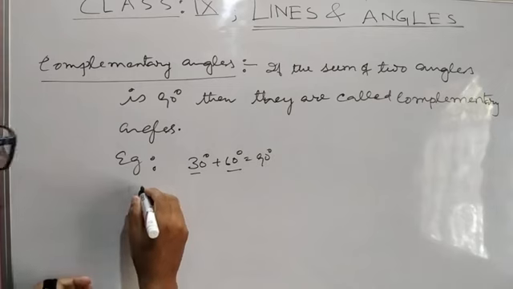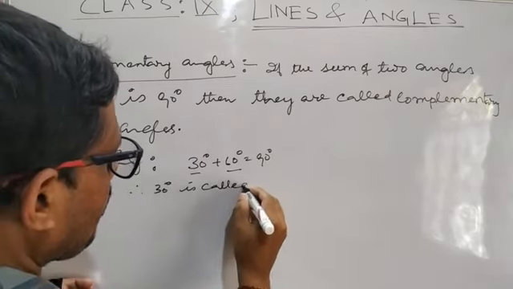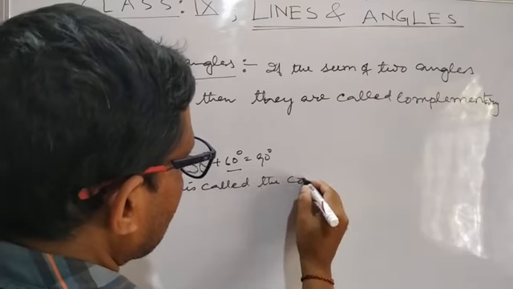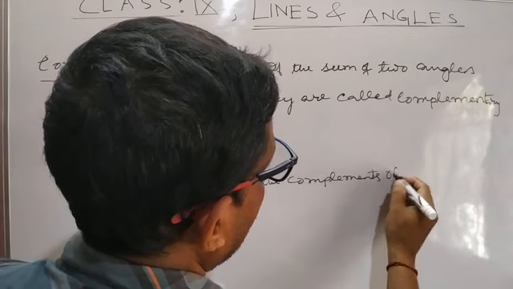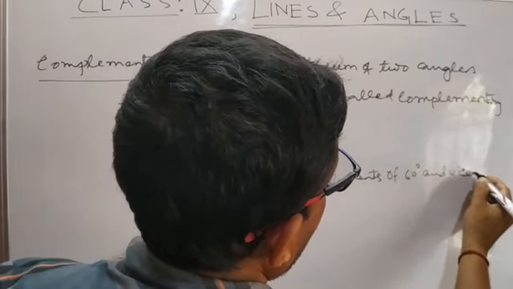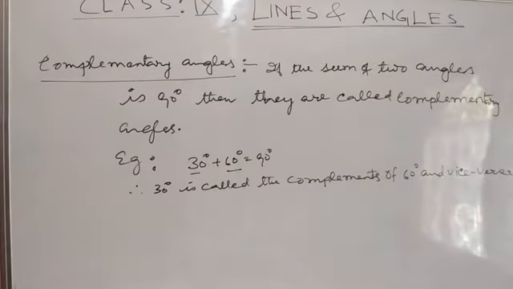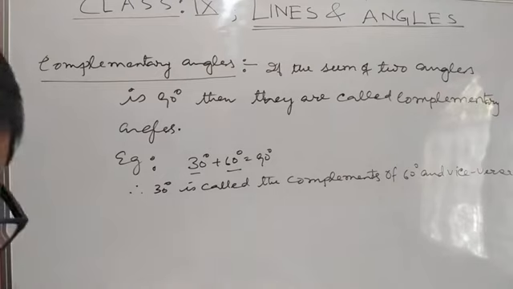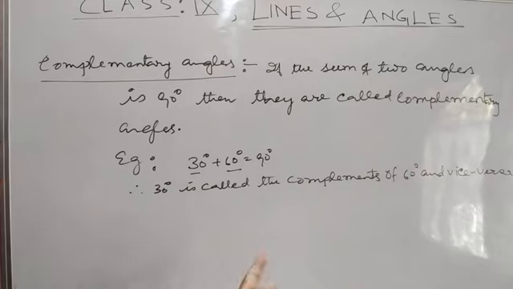Therefore 30 degree is called the complement of 60 degree and vice versa, and 60 degree is also called the complement of 30 degree. So these are complementary angles.